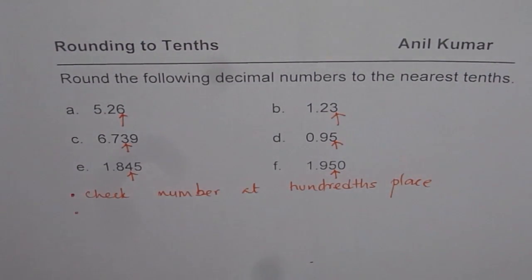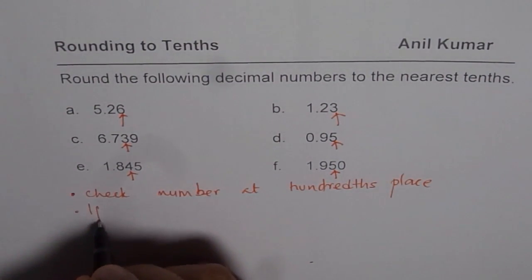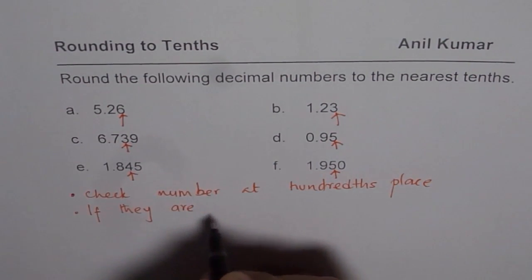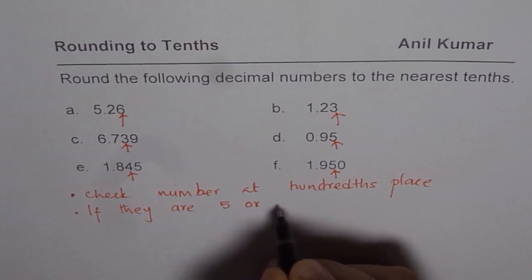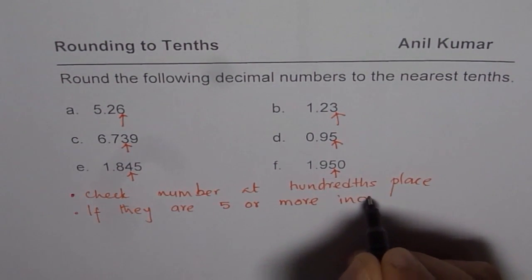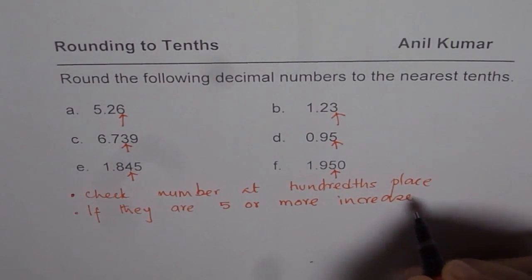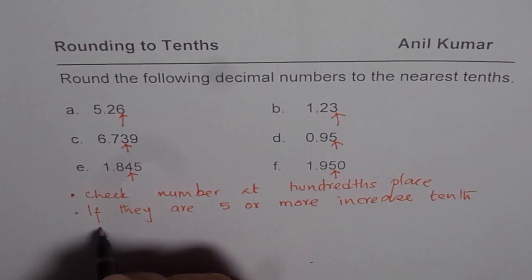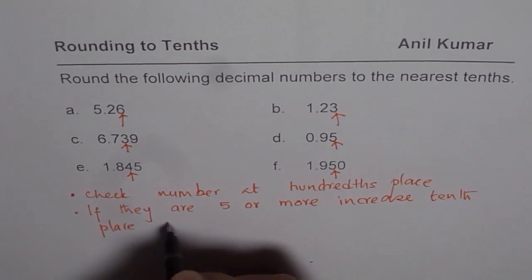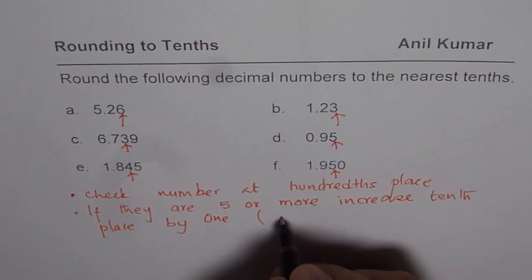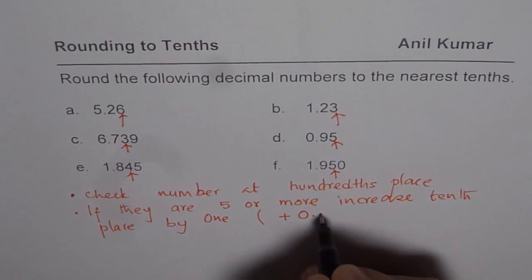Then what? If they are 5 or more, increase the 10th place by 1, or you could also say plus 0.1. Do you see?